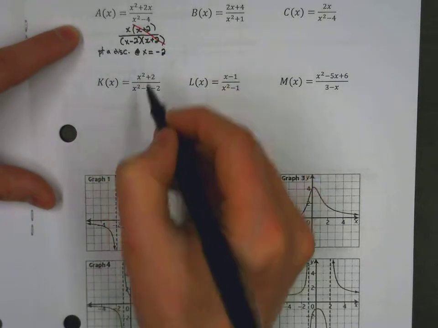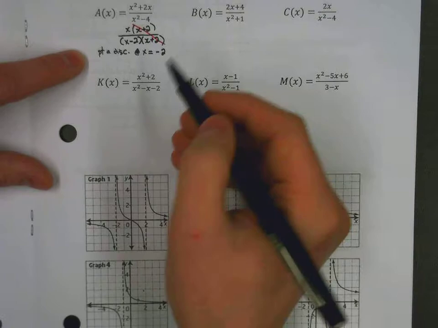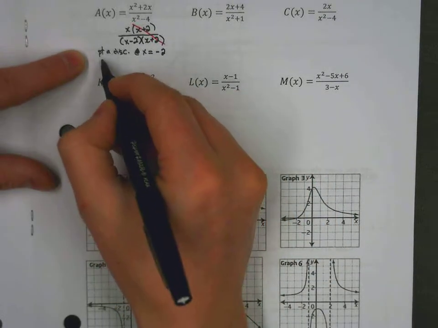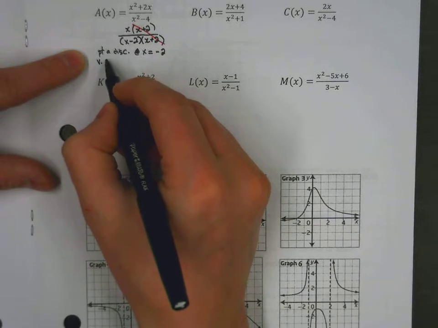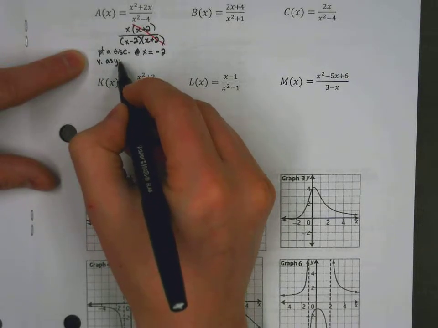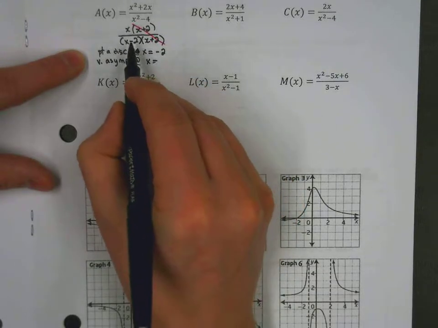So down below, I'm going to be looking for a graph with a point of discontinuity at x equals negative 2. But not only that, I've got a factor that's on the bottom, an x minus 2 that's only on the bottom. This creates a vertical asymptote at x equals positive 2.